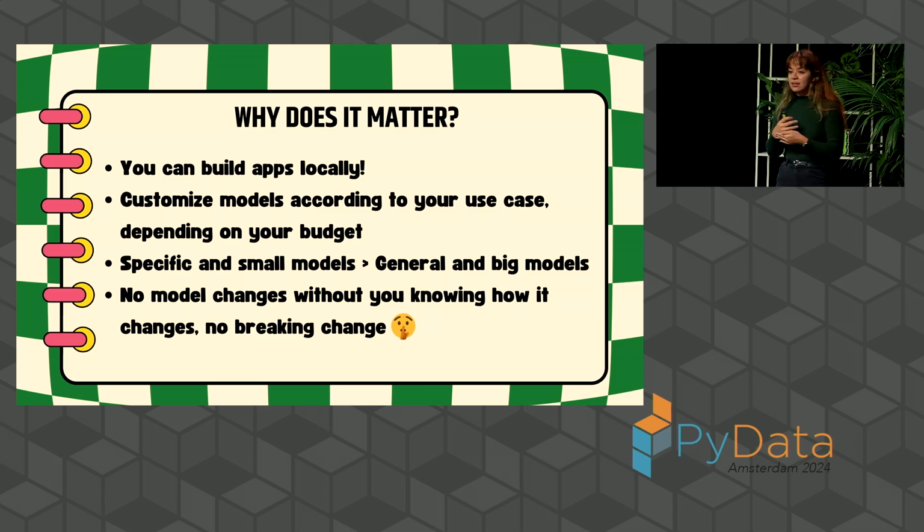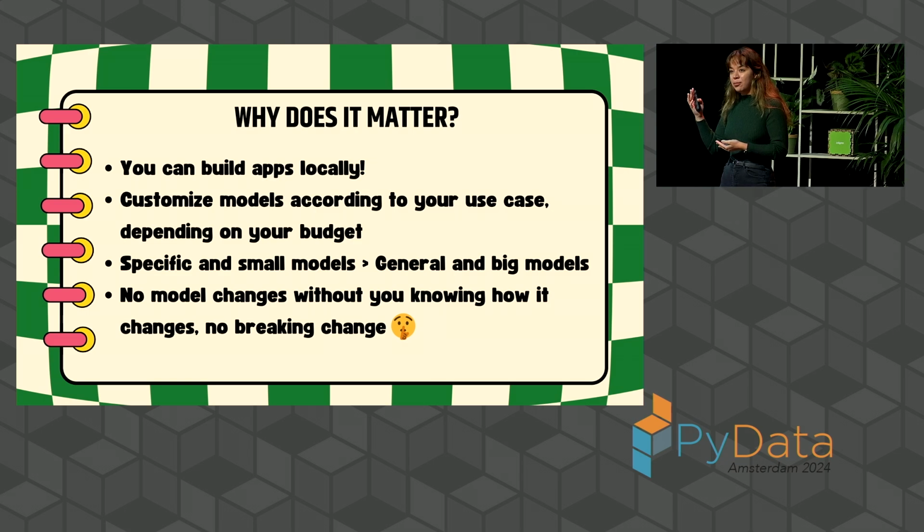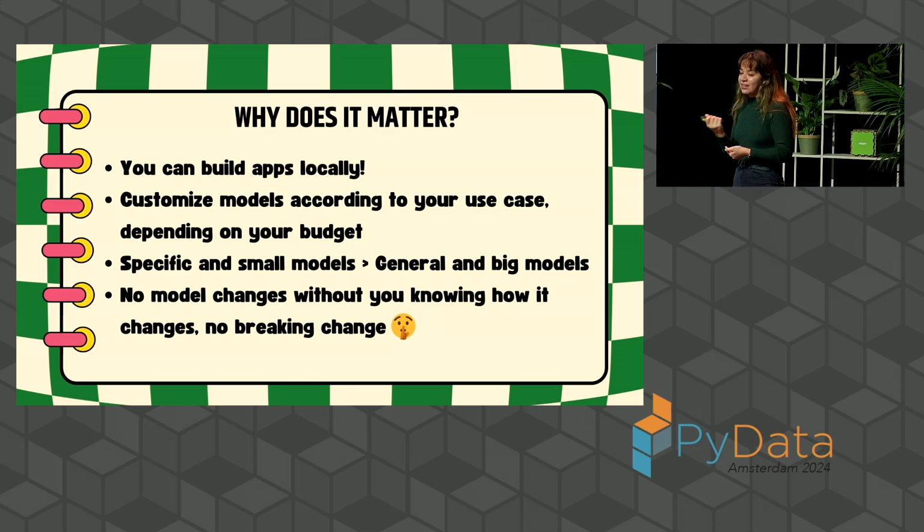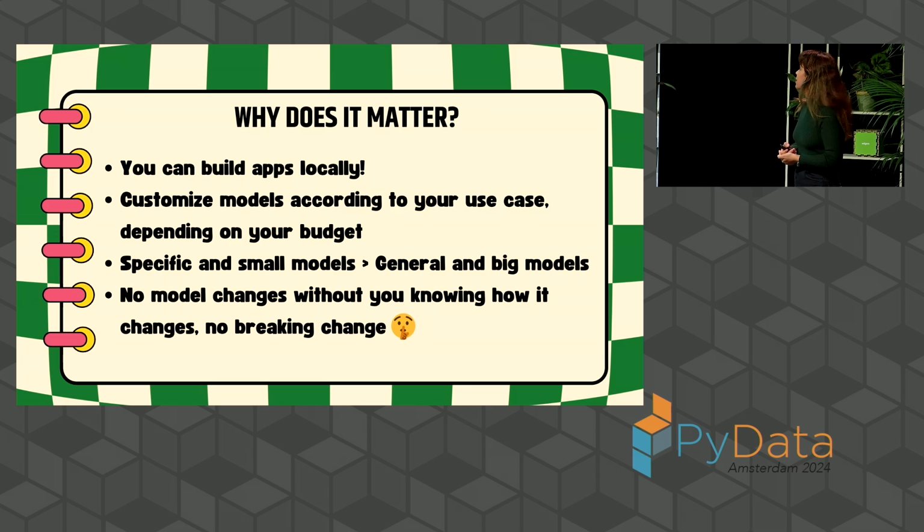When you rely on a cloud machine learning platform or a proprietary model endpoint, the model in the backend can change, and you do not necessarily know how it changes. When you have the open source model, you are at least prepared for those cases. And that's why open source really matters.